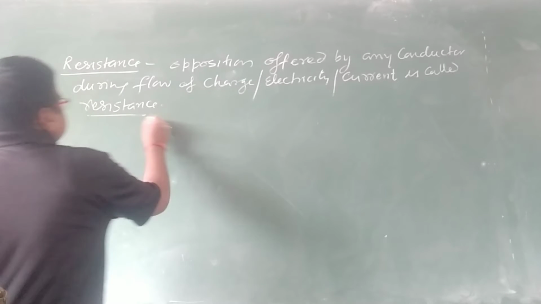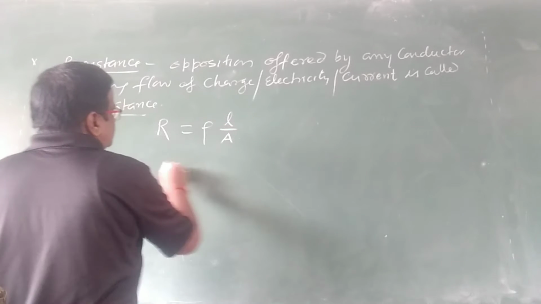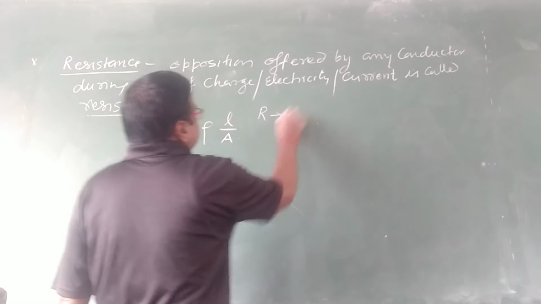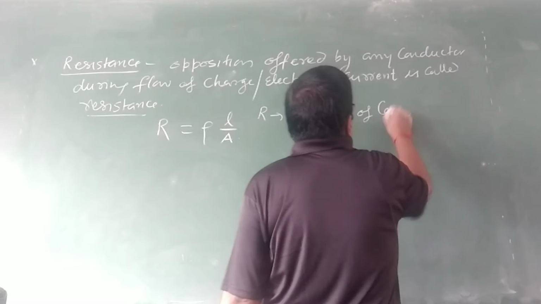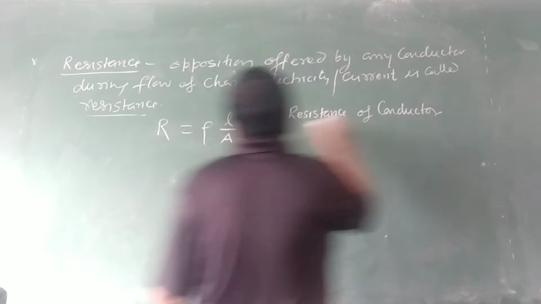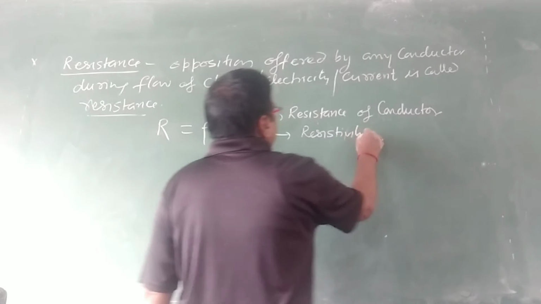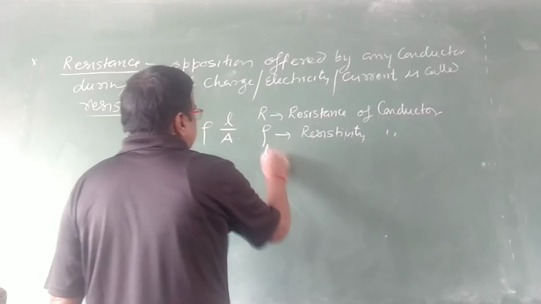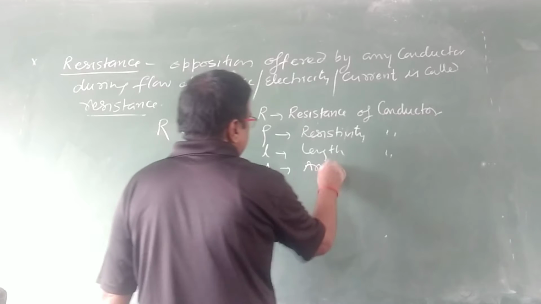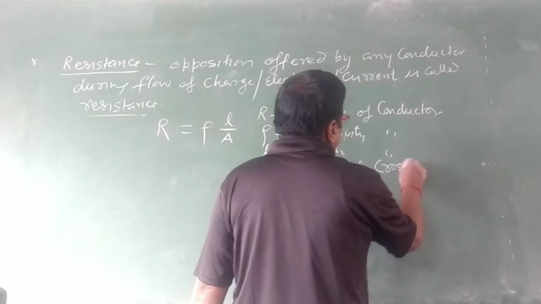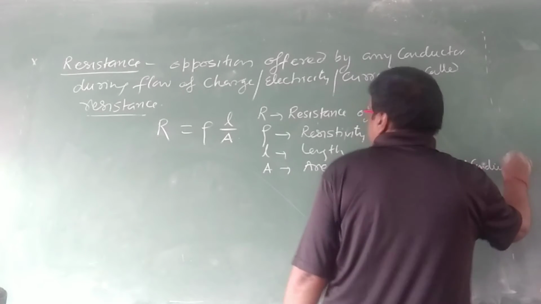So resistance is denoted by R and is given by rho L by A. R is the resistance of the conductor, rho is the resistivity of the conductor, L is the length of the conductor, A is the area of cross section of the conductor.